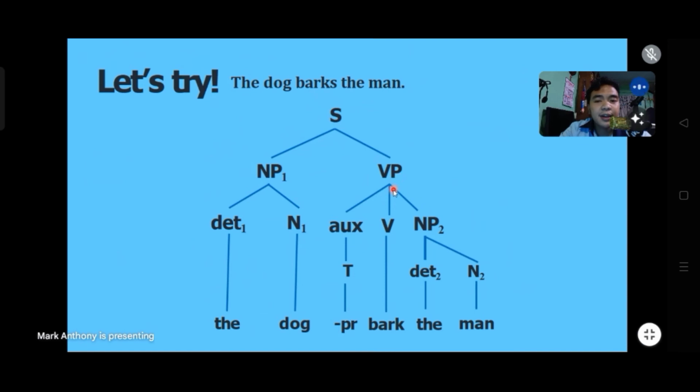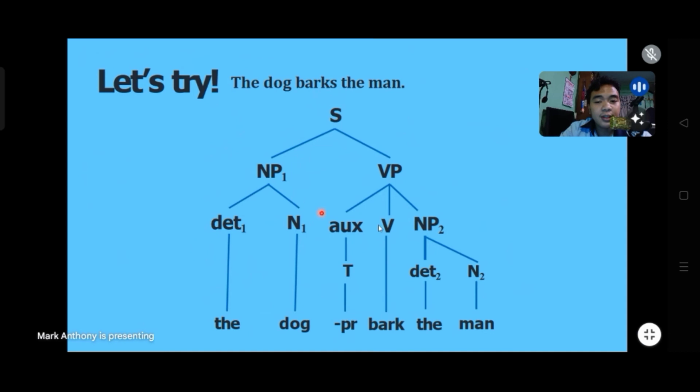And then under the verb phrase, we have the second noun phrase, and the second noun phrase is divided into two sub-constituents. We have here the determiner the, and the second noun, which is man, which completes the phrase structure rule of the verb phrase, in which it has two noun phrases.